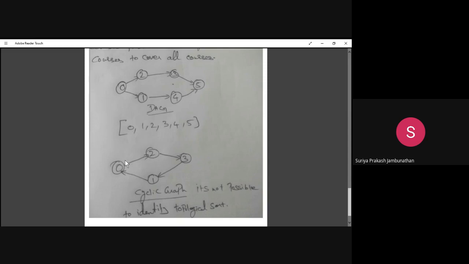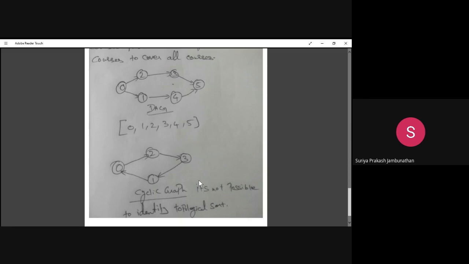For that reason we say we are not able to apply topological sort in a cyclic graph. A cyclic graph will go again and again to the initial node, so identifying the solution through topological sort for a cyclic graph is not possible.